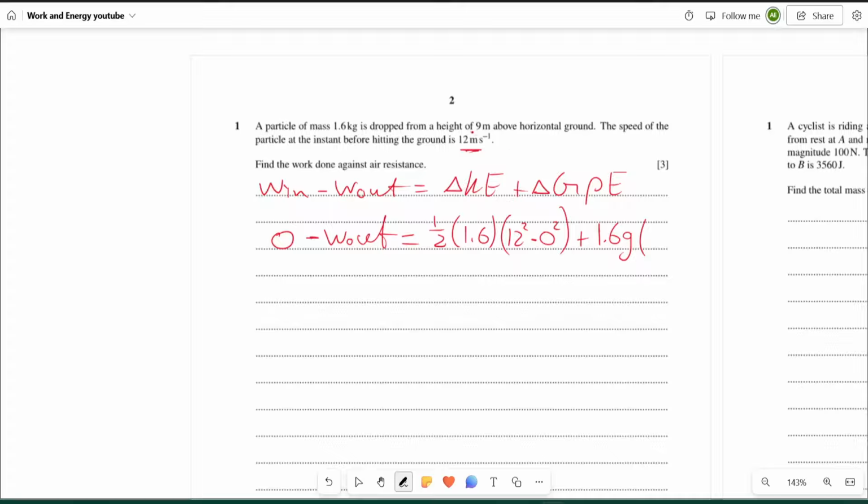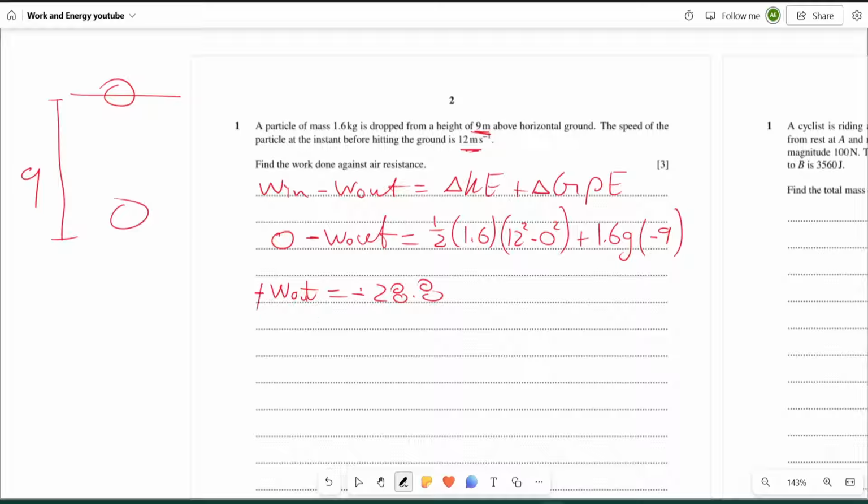However, height here is 9 meters. The object started here, it ended up below its starting position by 9, so delta h is negative 9, and from here we can solve for work out. Okay, if we do all of this on the calculator, half times 1.6 times 12 squared plus 1.6 times 10 times negative 9, that's going to give me negative 28.8.